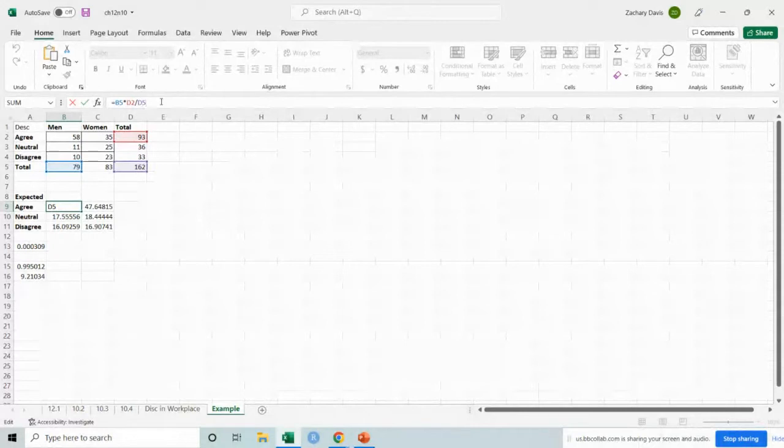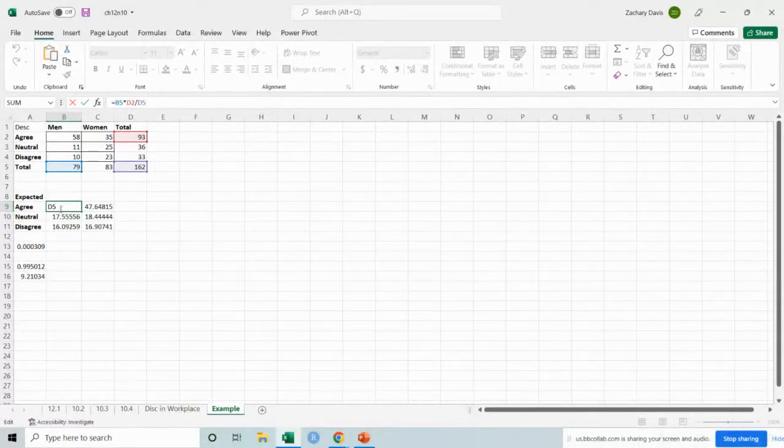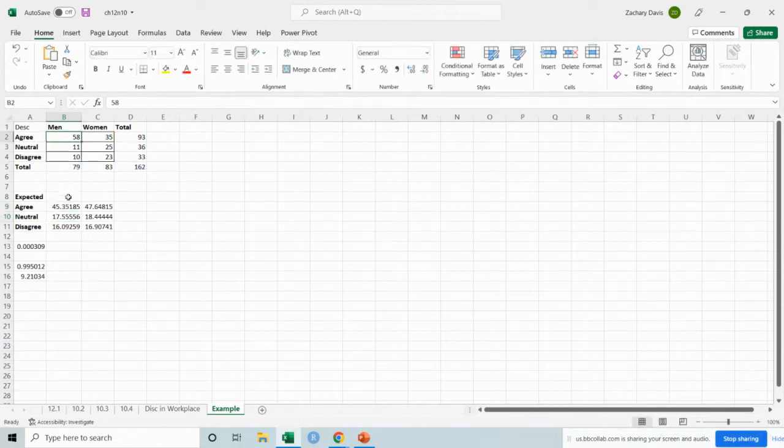To get those values, for men that agree, we take the total of this row and this column, and we divide by the total. Then we get the expected proportion. So we expected 45 men to agree, but in our actual sample, we got 58.